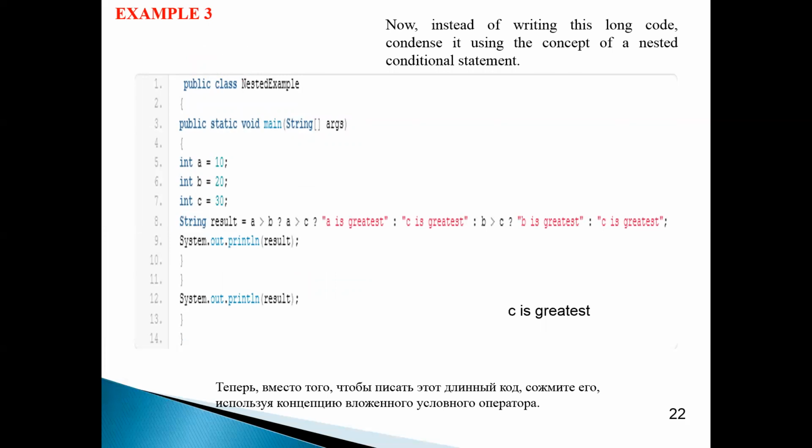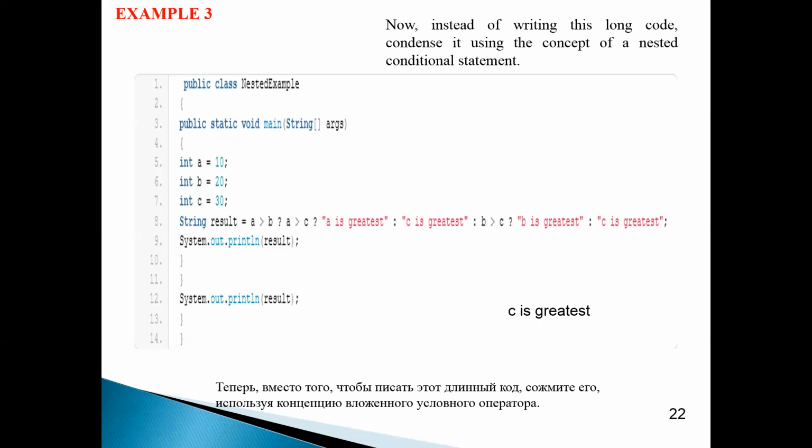Next slide, guys. You can see example number 3. You can see a programming code. Now, instead of writing this long code, condense it using the concept of a nested conditional statement.